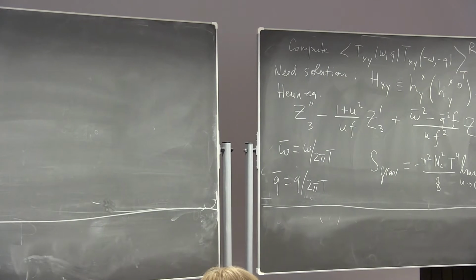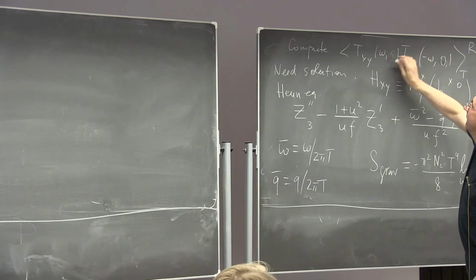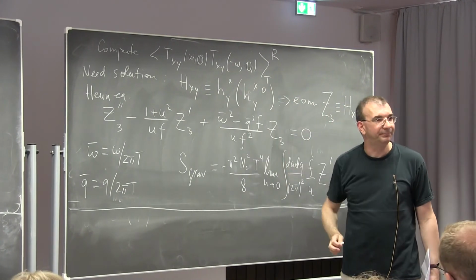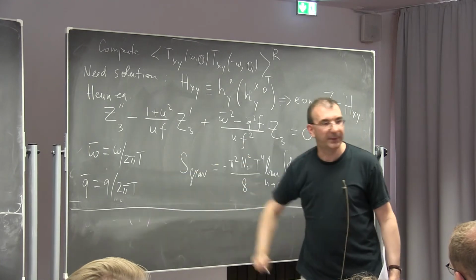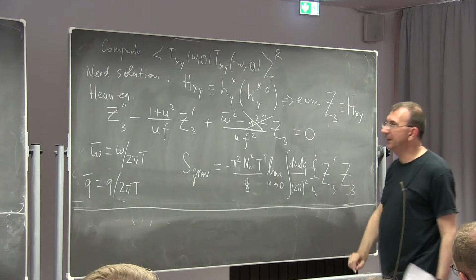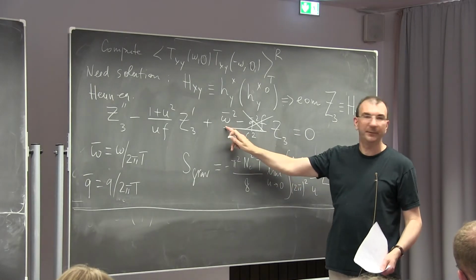But remember that in our Kubo formula, we only cared about q equal to 0 in the correlator, right? So we don't need this q. And moreover, we only cared about small omega, small in comparison to temperature. Which means that this term can be put to 0, and the rest can be treated perturbatively as a function of omega.